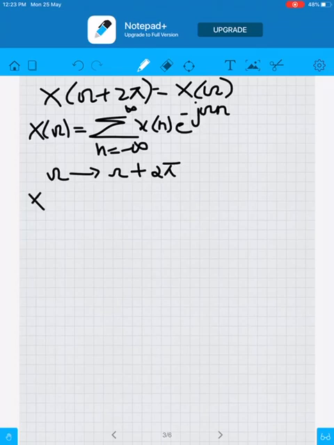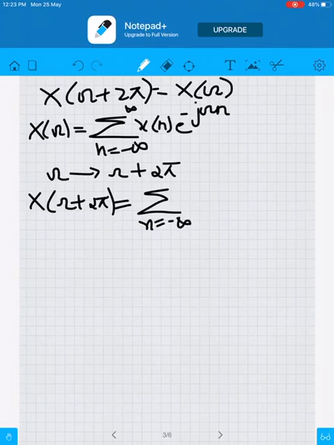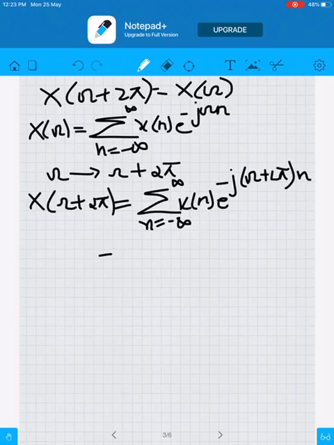Now x of omega plus 2 pi is equal to summation n is equal to minus infinity to plus infinity x of n into e power minus j into omega plus 2 pi into n.